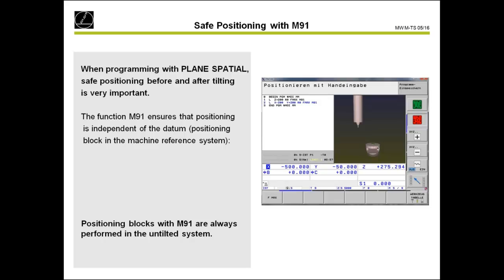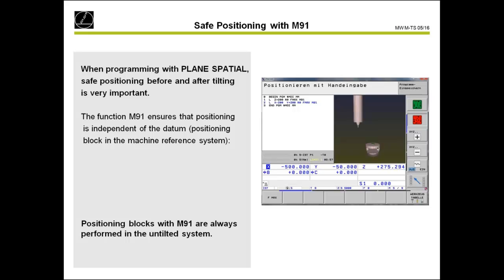So if I have a workpiece which is clamped close to the table or which is clamped far away from the table, then I have different safe positions. Then I need to change the safe position for every program, not to get a limit switch error message from the control. So to always go to the same safe position, we can use M91.